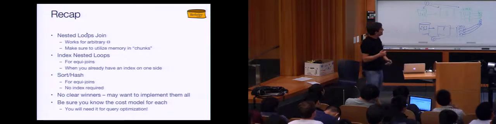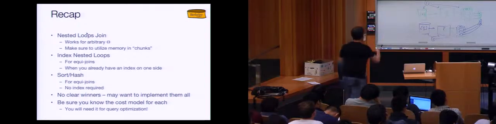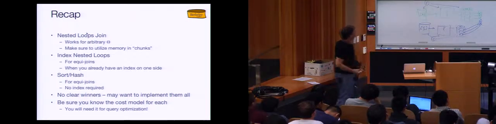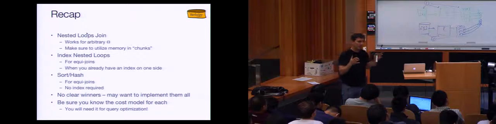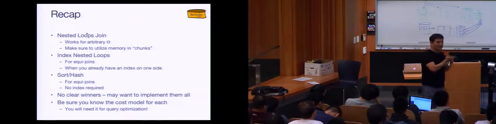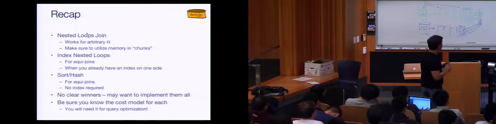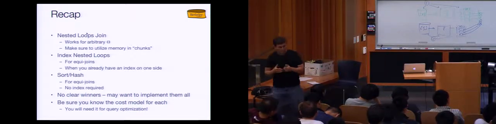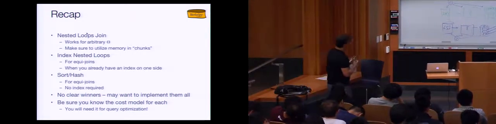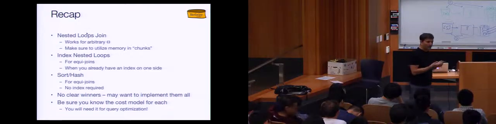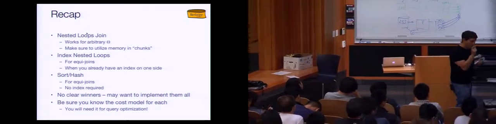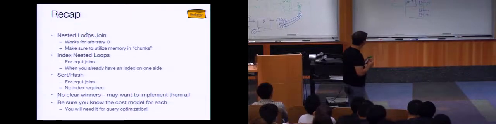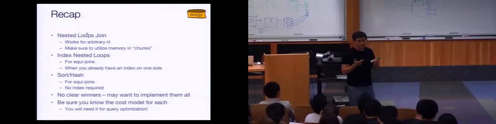So to recap, nested loops join works for any theta because you traverse the entire Cartesian space. Make sure to do it in this chunk-oriented way so you take fewer passes of that inner relation, right? Index nested loops join is typically for equijoins because most indexes do equality lookups. It's nice when you already have an index on one of the tables' join keys. If you don't have the index, it's usually not worth building it on the fly.